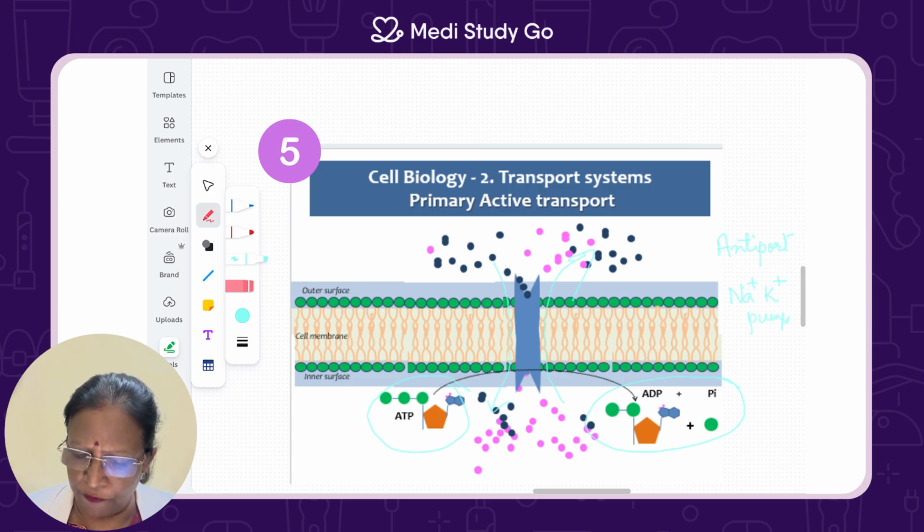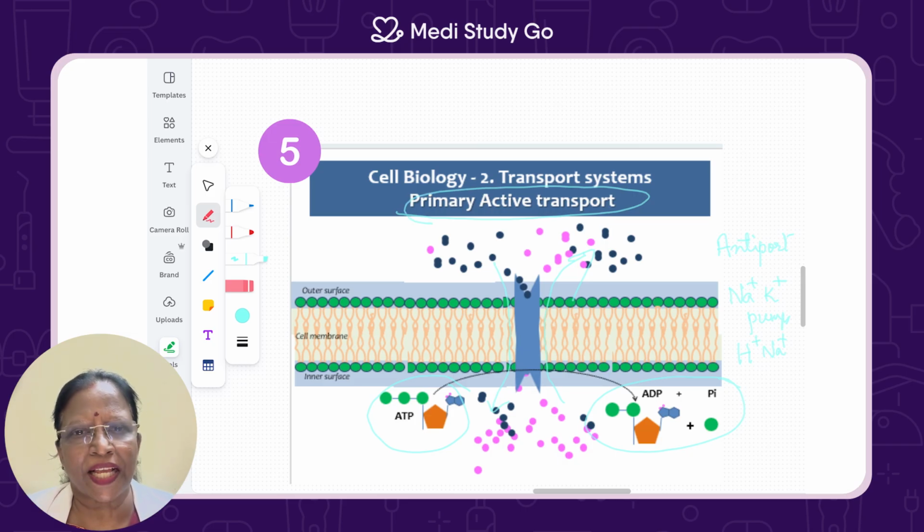You also have proton pumps in the gastric mucosal cells where H+ ions are released for synthesis of HCl. So these are the examples for the active transport. Since energy, that is hydrolysis of ATP, is required directly for the transport of the molecules, this is also called primary active transport.